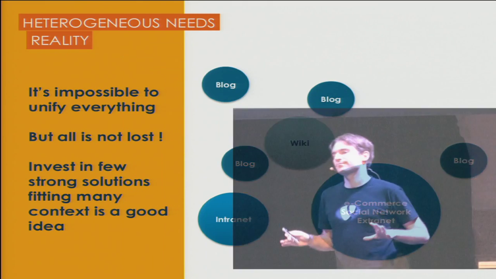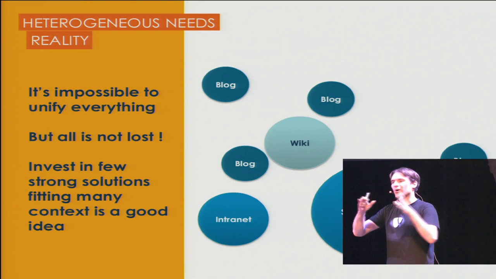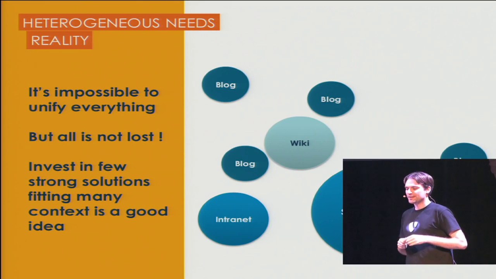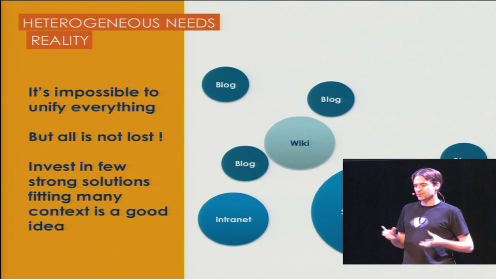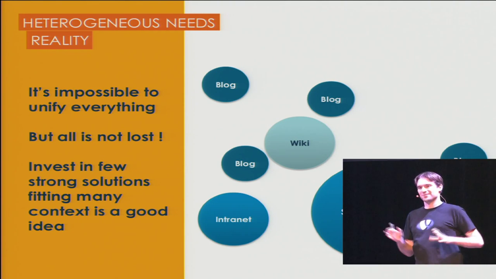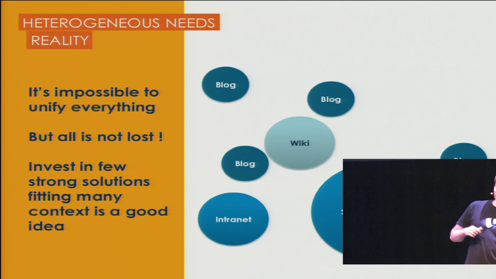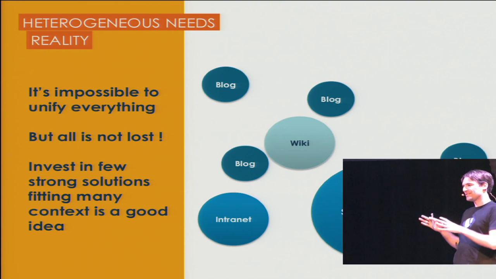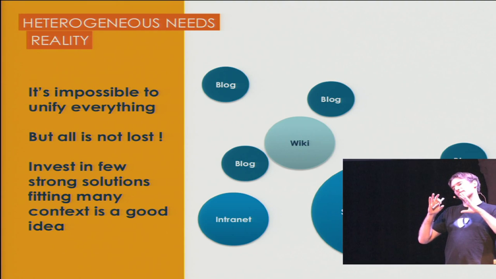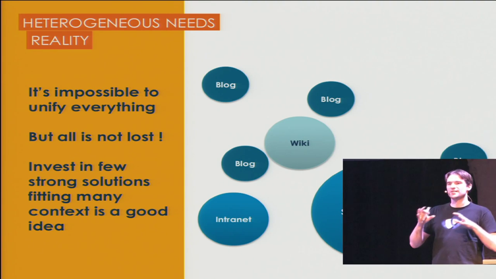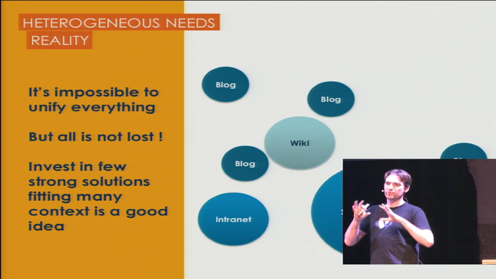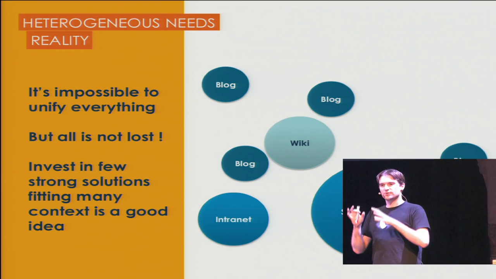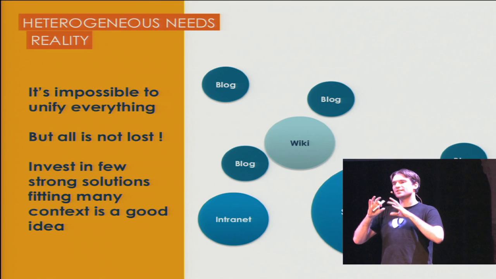The reality is, there is not one solution. In fact, it's almost impossible to unify everything. So all is not lost, of course. The best you can do, at least, is to choose some products and then try to give them a few short perimeters on what they can do, what they need to do together.